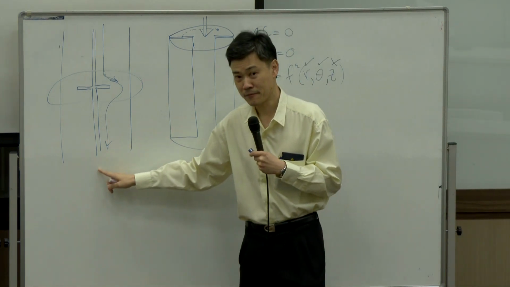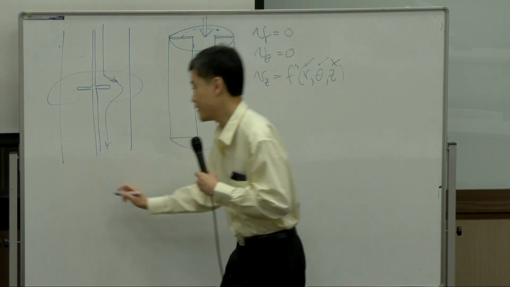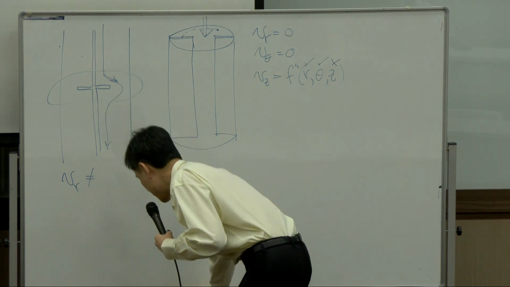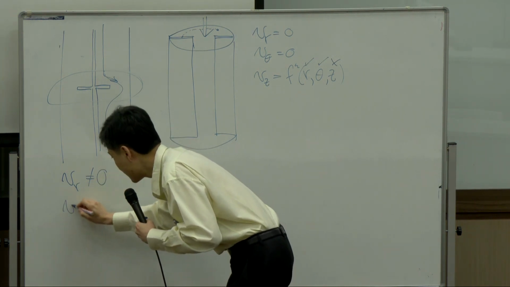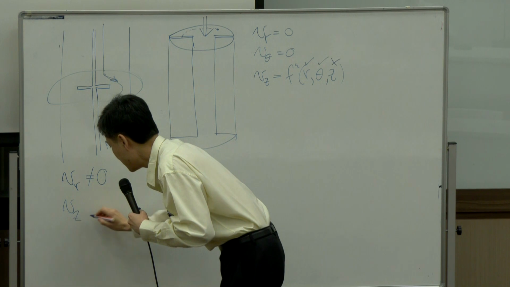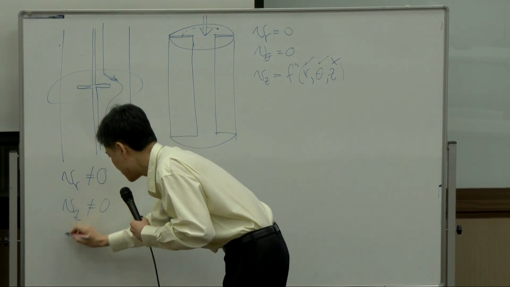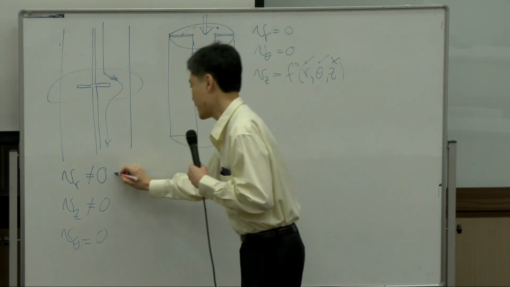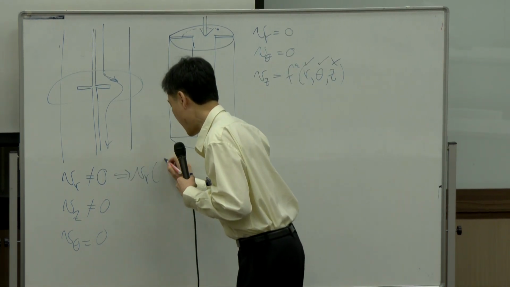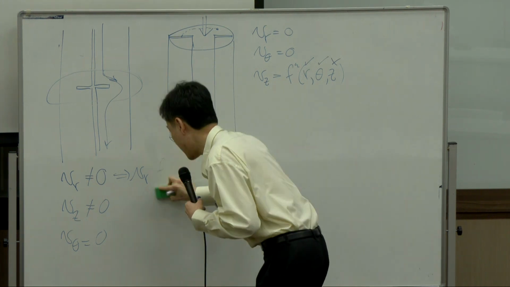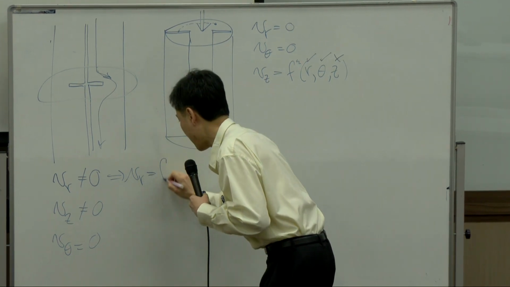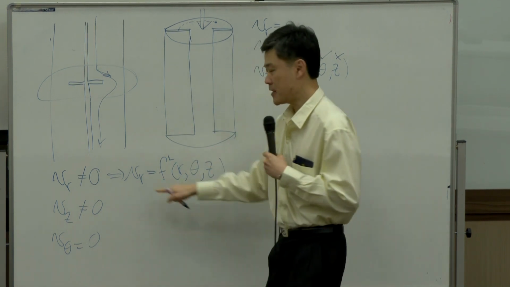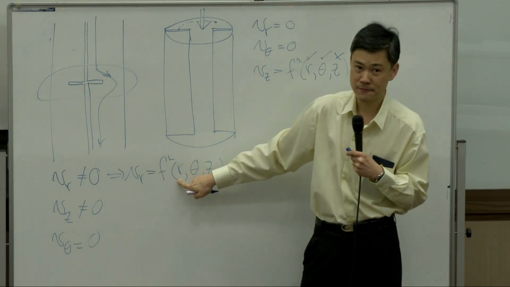What about this picture? Now we set it up. Vr is not 0. Vz is not 0. V theta is 0, right? This picture. Is Vr a function of R? In this picture, is Vr a function of R?